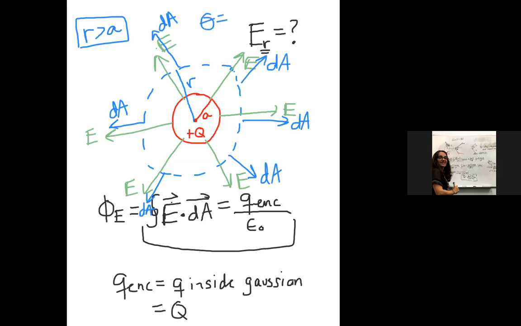Theta equals 0 all the way through. So that's the advantage of doing that distribution. And then the charge enclosed: how much charge is inside of this blue surface? Well, all of that capital Q.